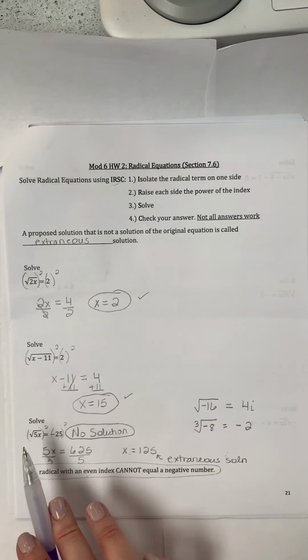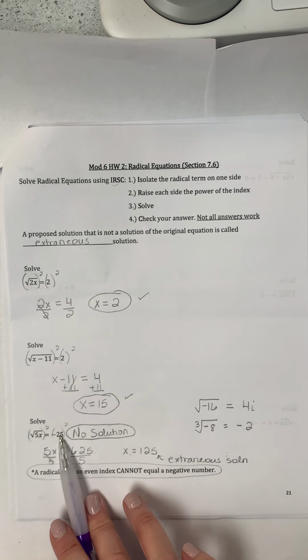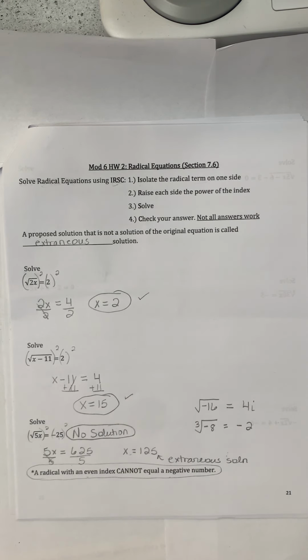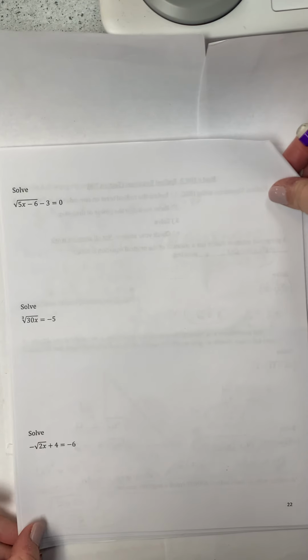So if you see an even indexed root, a square root, a fourth root, a sixth root, equaling a negative answer, no solution. You don't even have to do the problem. It's automatically no solution. Okay, let's turn the page here. We have some more. All right, up at the top, here we go.